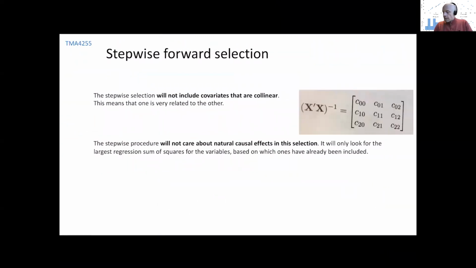So the stepwise thing is again related to this X transpose X matrix and collinearity. When we do this, we add one. The next time we try to add others, but then we want to add things that are very collinear with X1 because X1 is already in our model. Instead, we choose maybe other things that are more orthogonal, very different from X1, because that can add more to the predictive power.